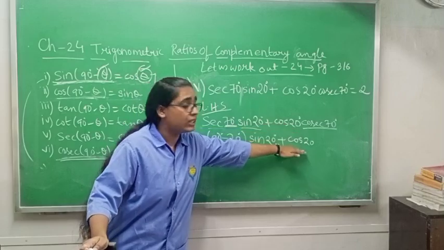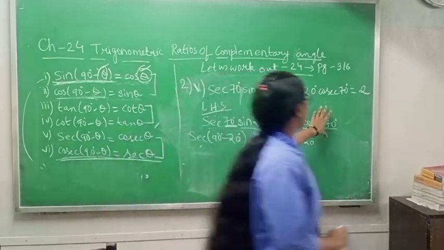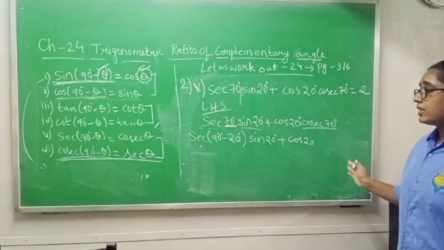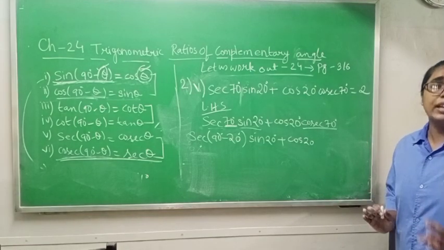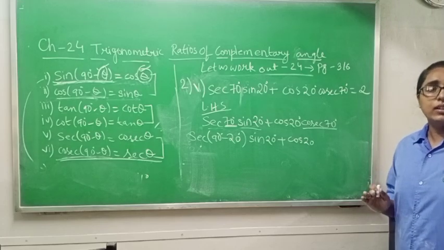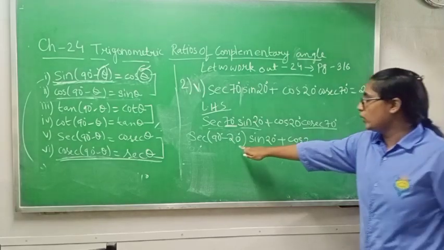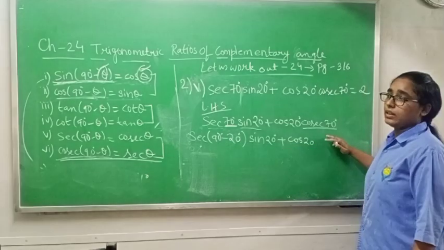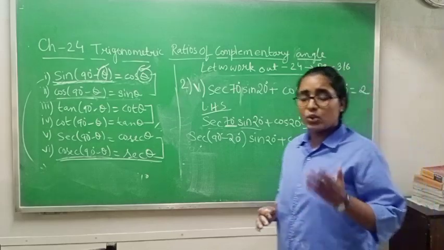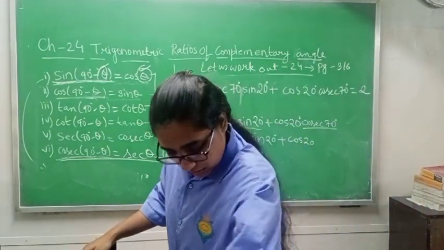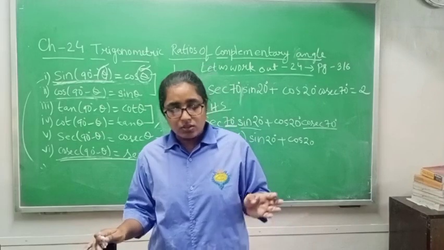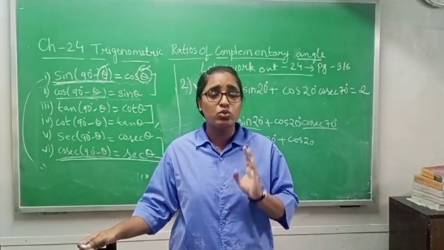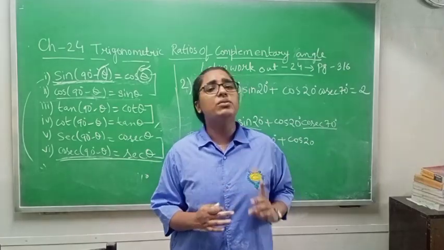Here also cos 20 degree is given. That is why I am changing cosec 70 degree to cosec 20 degree. I am trying to make all the angles the same. In most questions, like question number 7, you will see we have to change to only one angle. That is why I am trying to change everything given to only one angle.